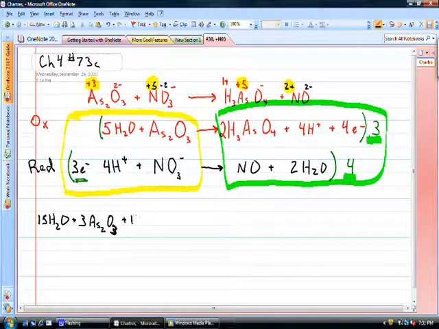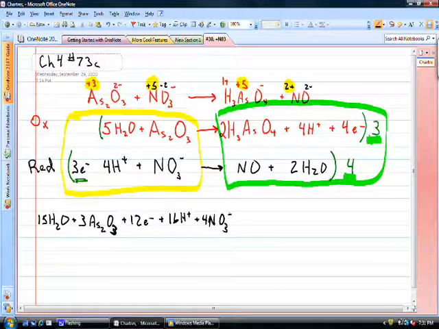That's our 12 electrons. We're going to add our 4 times 4 hydrogen ions. So that's 16 hydrogen ions. And we have 4 nitrate ions. And that should be all of the reactants from both half reactions.